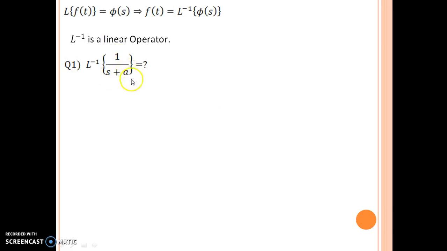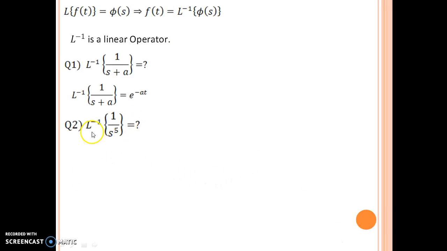If you refer to the formula list, you will see that the Laplace of a particular function is of the form 1 upon s plus a, or in a similar format. If you observe the corresponding function, it would be e to the power minus at. So the answer for this question is e to the power minus at.